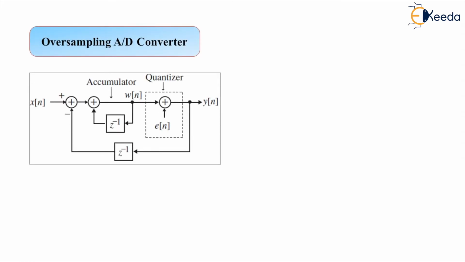We have the use of the accumulator, the quantizer, and the signal representations at the various stages. For the input we have x of n, for the output we have y of n, the intermediate stage after the accumulator is w of n, and for the quantizer the error is denoted by e of n.